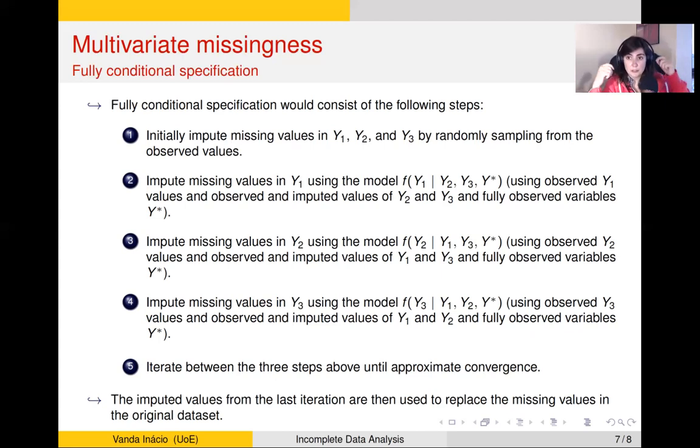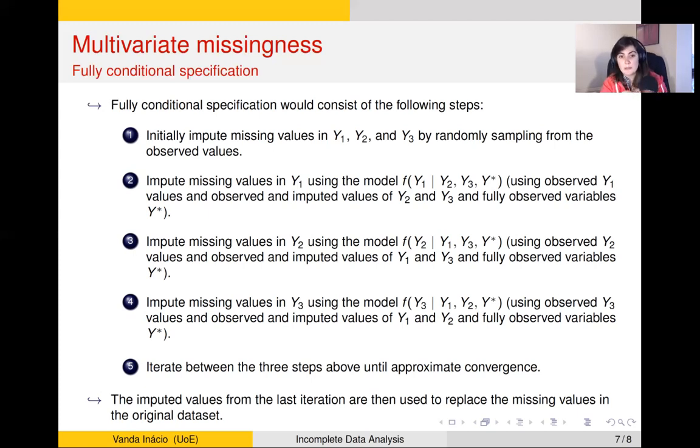Because in the first step, I'm doing some naive type of imputation using mean imputation or random draws, and then I fit my models, and I need to do this several times for several iterations until some convergence criterion is met. And right now we will not look at this convergence criteria.